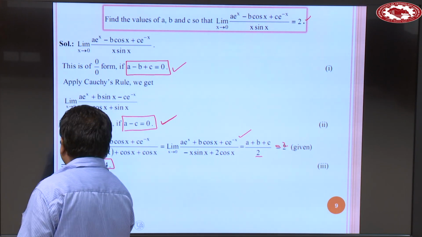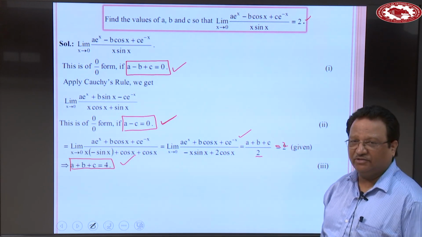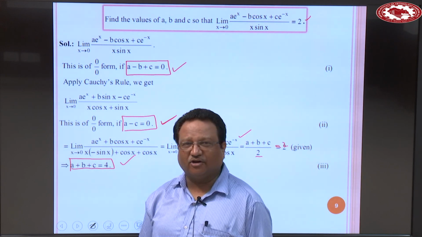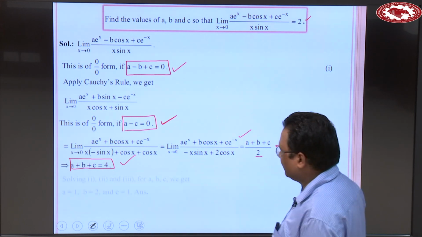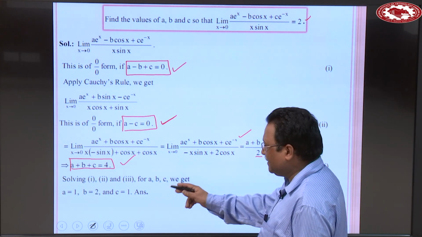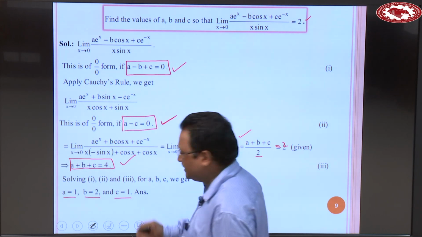So we have 3 equations and 3 unknowns. You can solve these 3 equations to evaluate the values of a, b and c. When you solve equations 1, 2, 3, we obtain a is 1, b is 2 and c is 1.